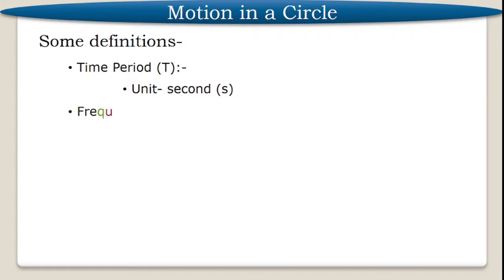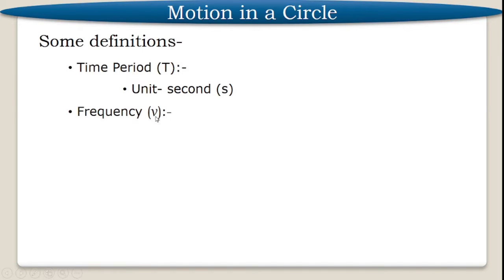Let's see the next definition, frequency, nu. What is frequency? The total number of cycles per unit time is called its frequency. If any object is moving in a circular path, then the total number of cycles completed by the object in unit time is called its frequency.